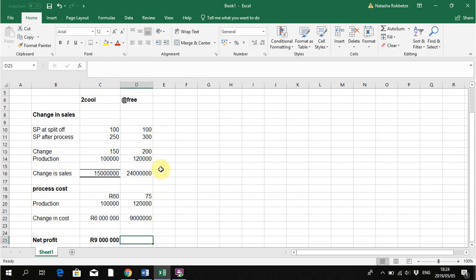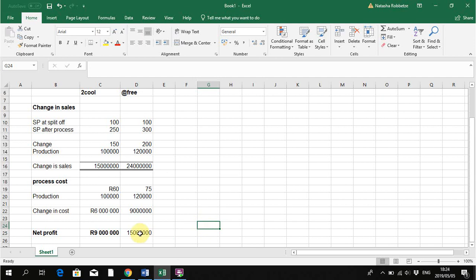So I'm also here making a net profit and not a net loss, because I have 24 million that I will gain from sales, and then I will give up 9 million for further processing. So obviously I'm making a profit, and the total profit there is 15 million. Therefore, I will want to further process because I am making a profit.